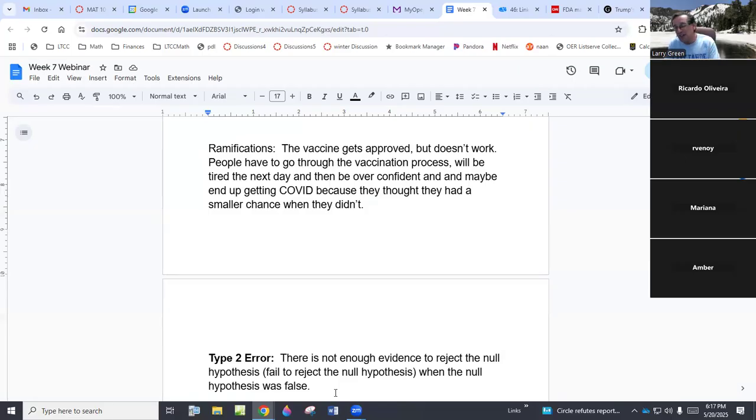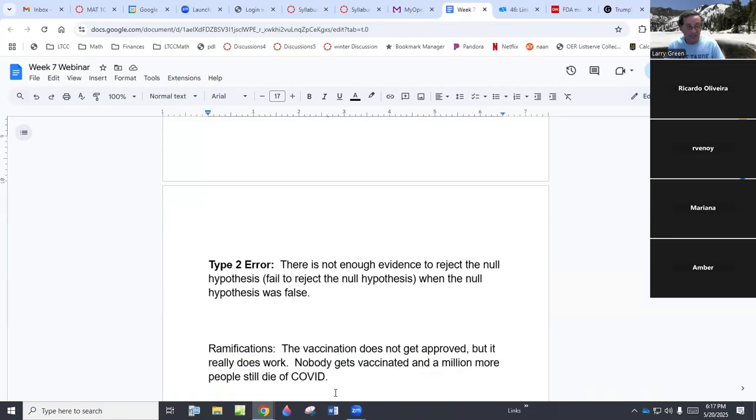And what happens to all these people? Not all the people, but a lot of people end up dying when they didn't need to, because they could have gotten vaccinated. So the vaccination does not get approved. It really does work and nobody gets vaccinated, and 1 million more people still die of COVID. That's a bad ramification.